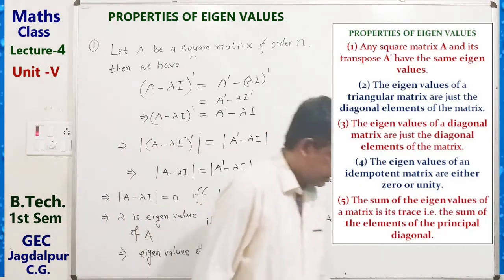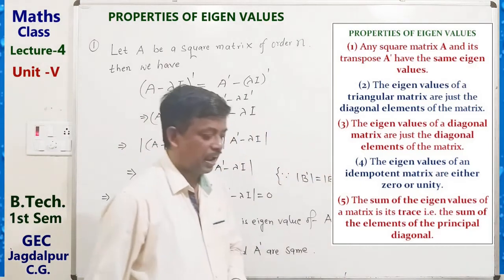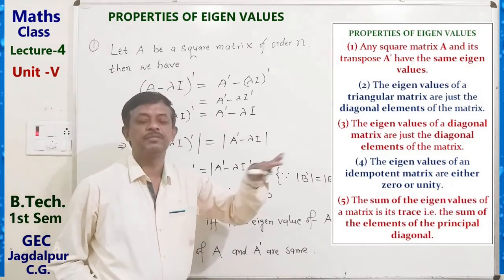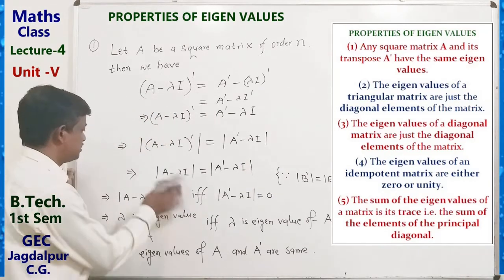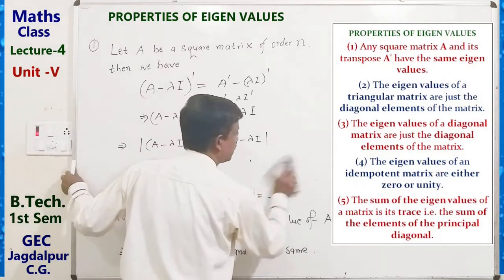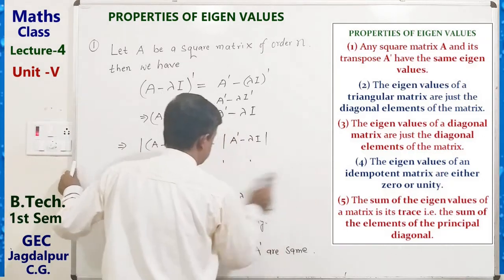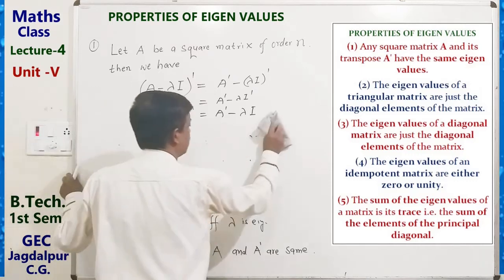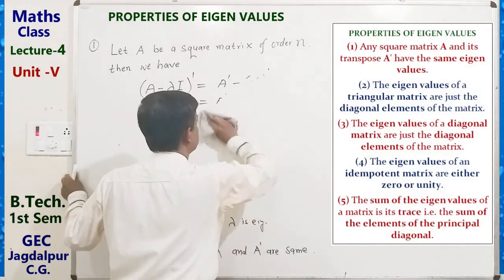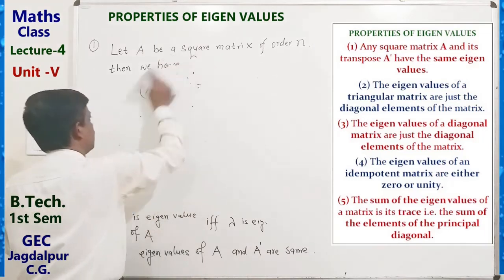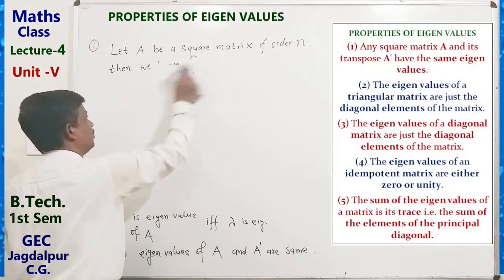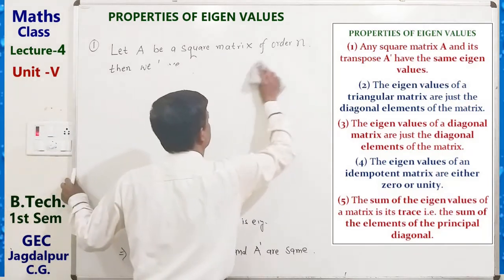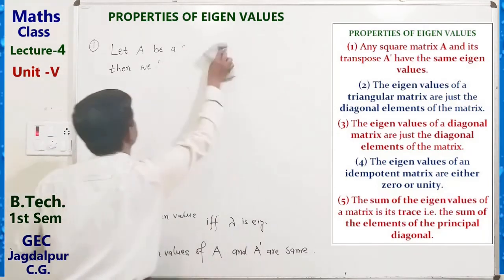Okay. Second property: eigenvalues of a triangular matrix are just the principal diagonal elements. Triangular matrix means an upper triangular or lower triangular matrix, where the elements on one side of the principal diagonal are 0.